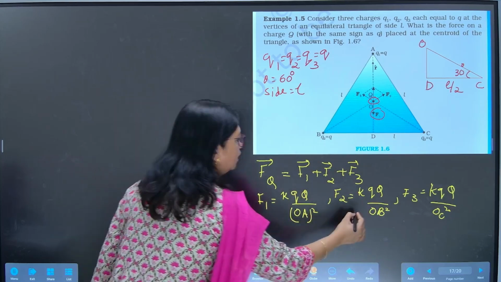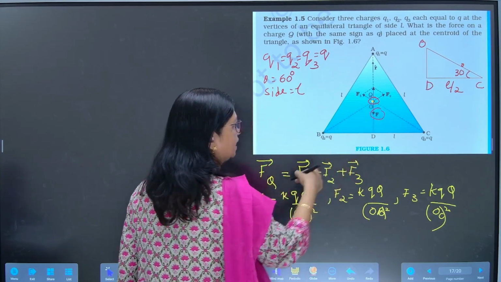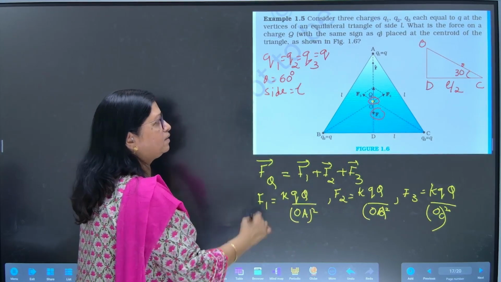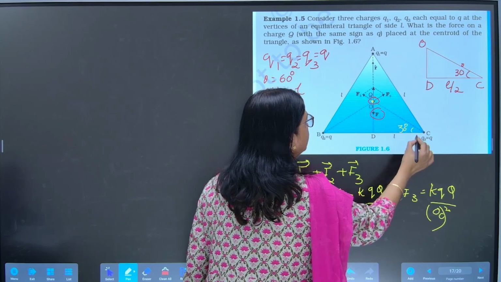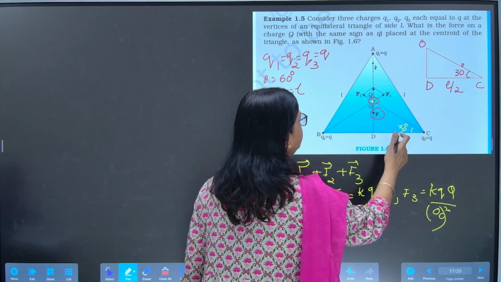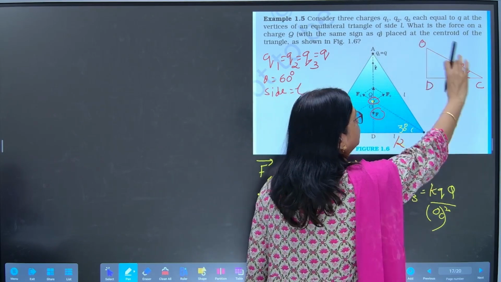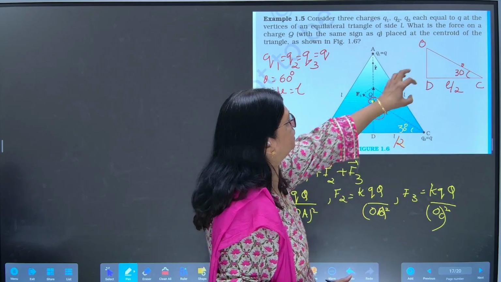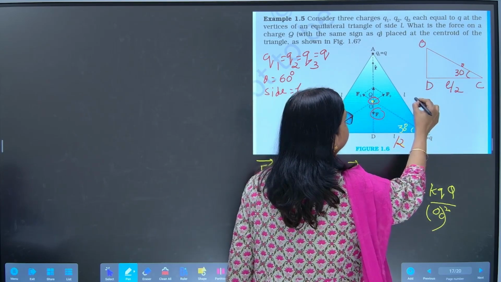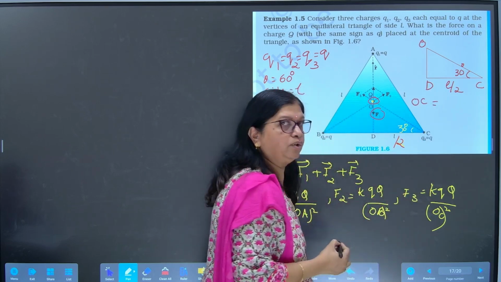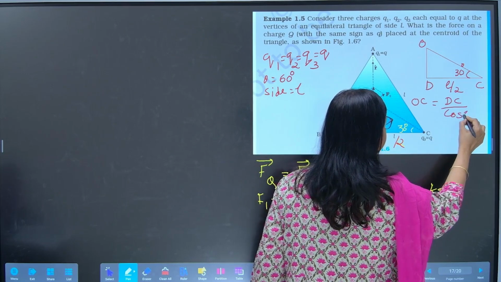Now, as can be seen, we don't know the values of OA, OB and OC, which are the distances from the centroid to the vertices. So let us consider this triangle ODC. From this figure, we can name this portion DC as L by 2. We redraw the triangle OCD, which is just the same as this OCD here, and find the value of OC, which is given by trigonometric ratios as DC upon cos 30 degrees.